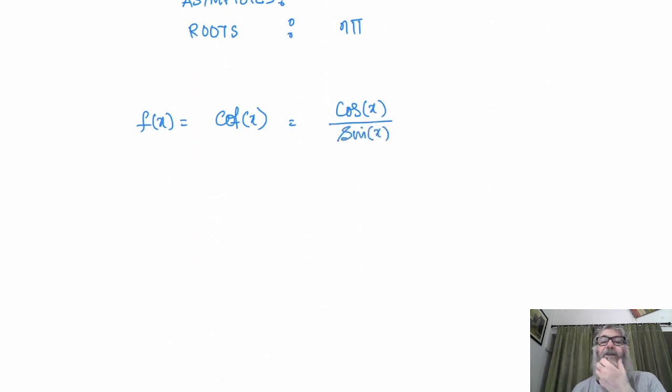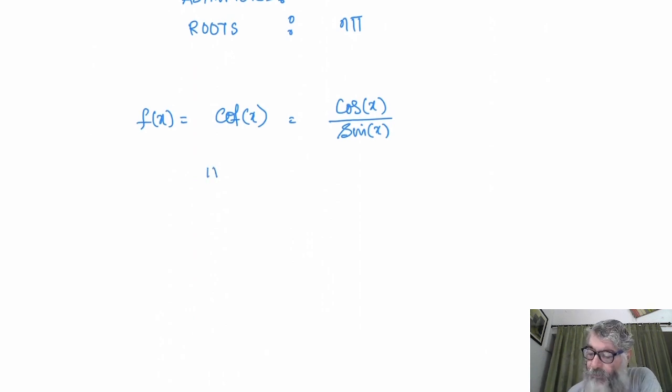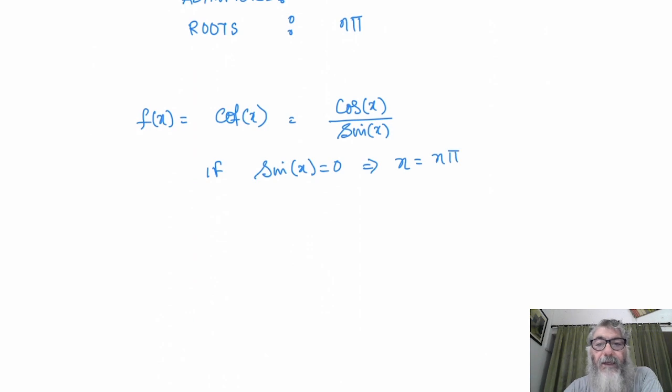Like we told you, in tan x it was sin x upon cos x, and if cos x was 0, then tan x was not defined. But here, if sin x is 0, it means x will be n pi.